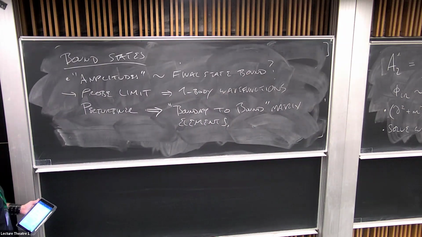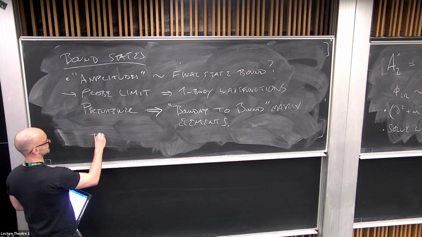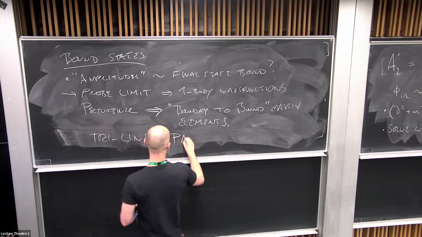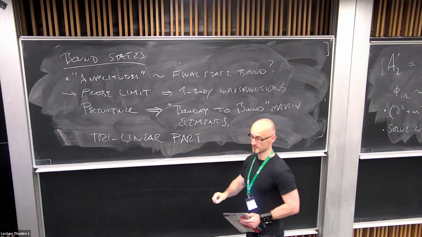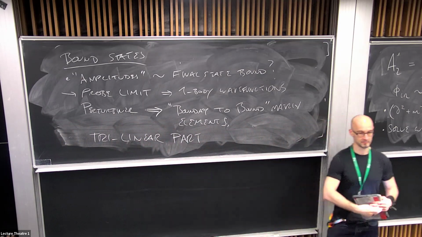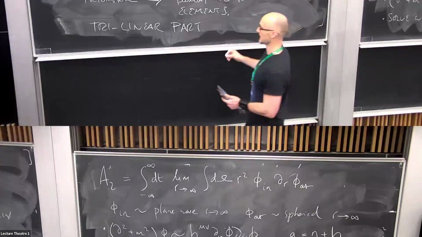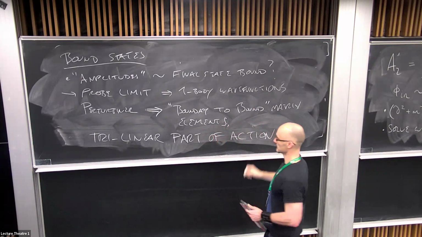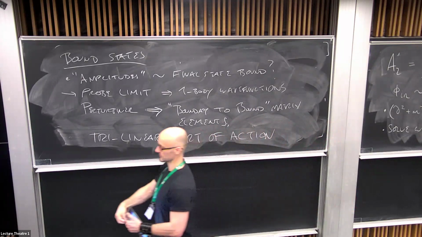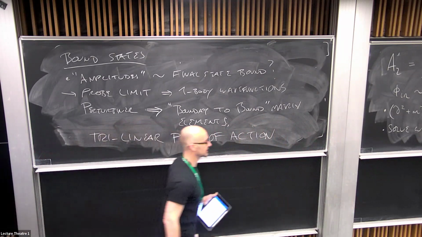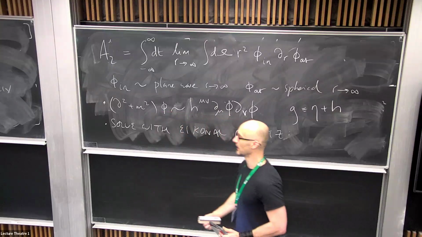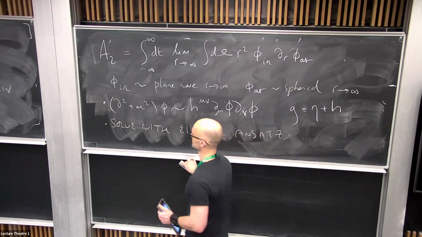So, third prescription in this case: if you want to calculate a radiative transition from scattering to bound by 3, you need the piece of the action which is linear in your incoming scalar, your outgoing bound scalar, and the radiation that it emits.